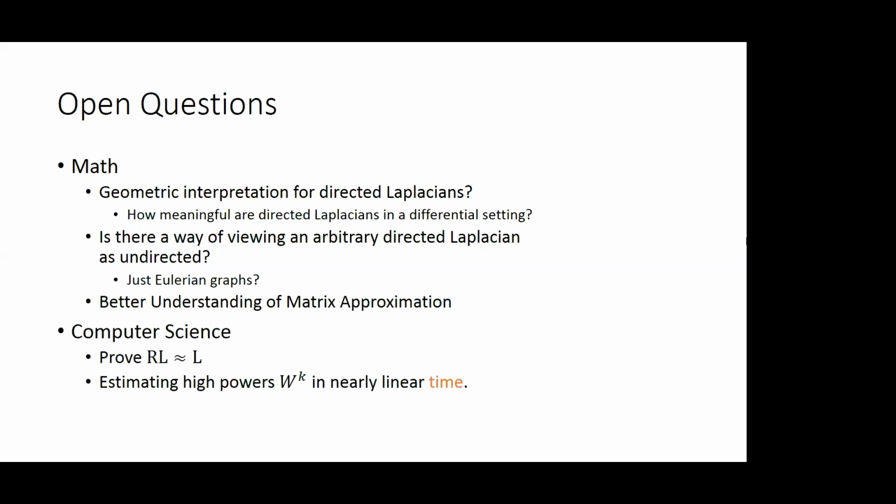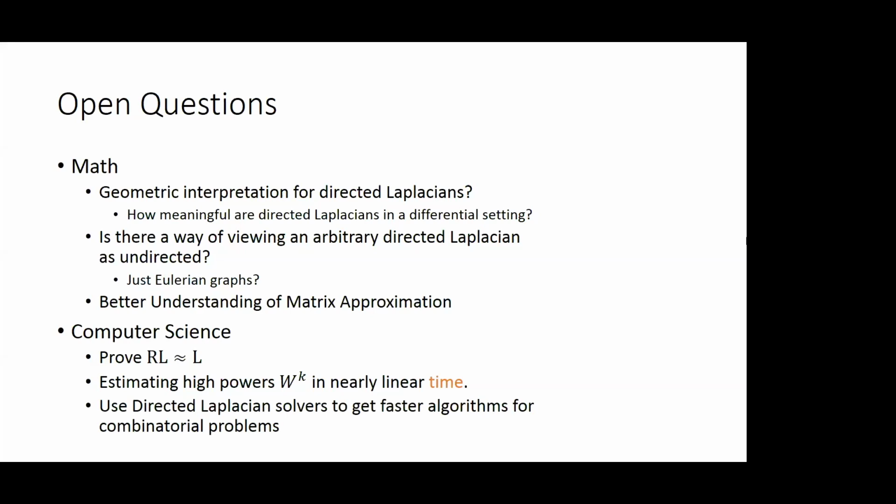You could ask, can you do this in nearly linear time instead of nearly logarithmic space, and maybe even use the reductions that we have to the Eulerian case to get this to work not just for Eulerian graphs, but for all graphs? That's an interesting question, I think.